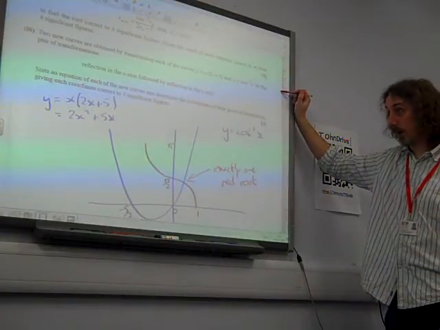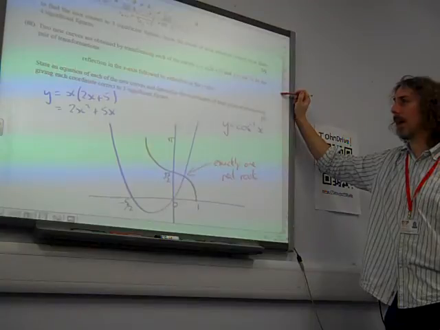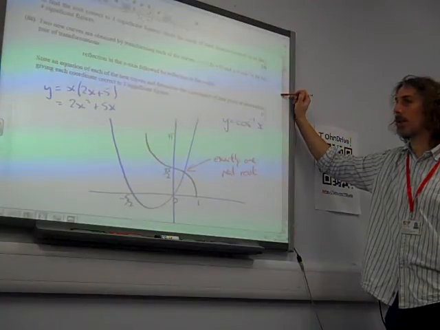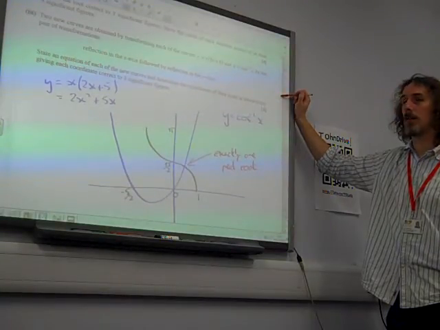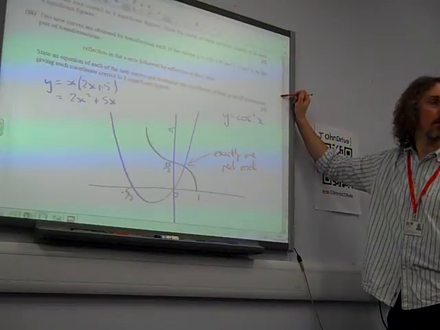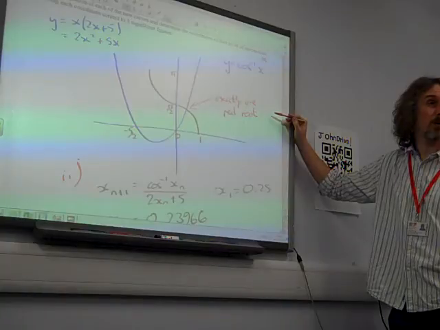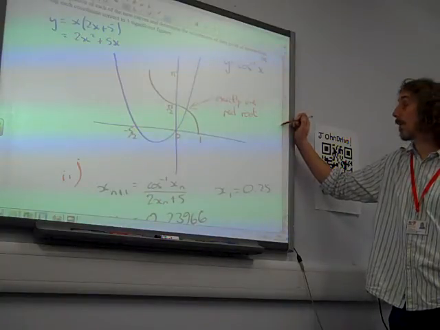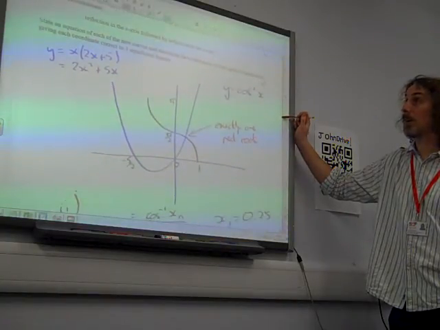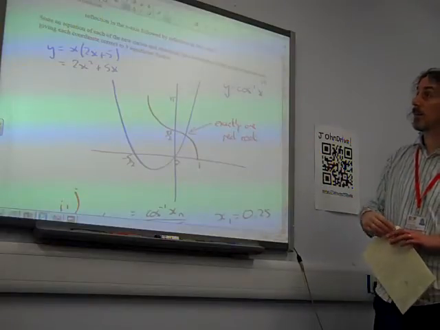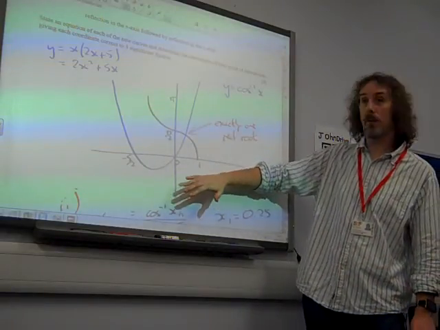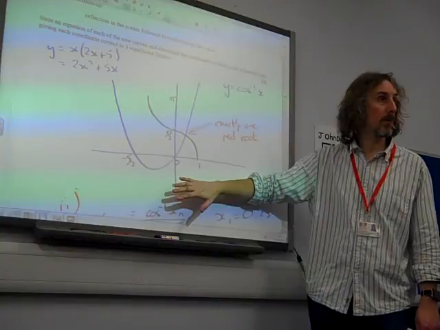State an equation of each new curve and determine the coordinates of the point of intersection, giving each coordinate correct to 3 significant figures. Well, we've got our graph. Let's think this through graphically. If I'm reflecting each curve in the x-axis, that's reflected downwards, so the whole thing is reflected downwards.